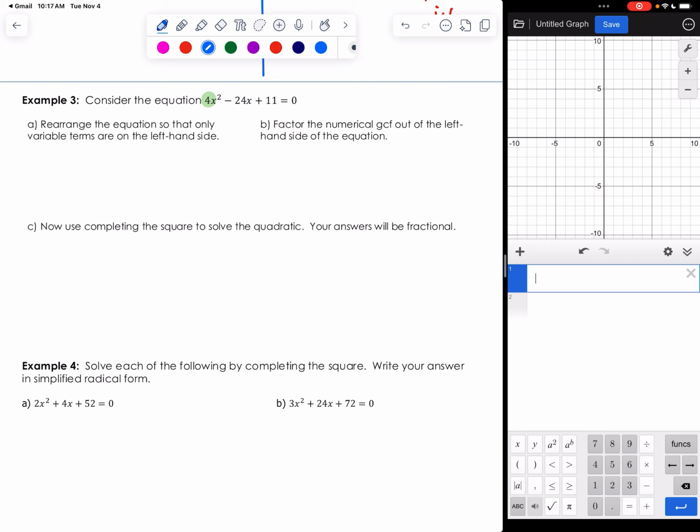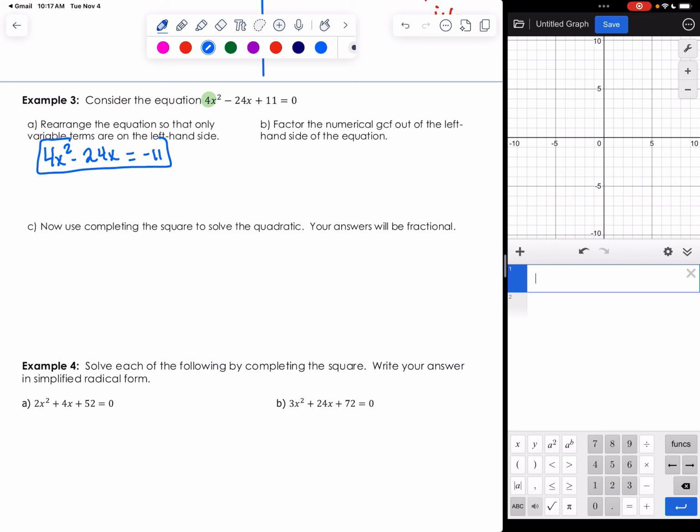Well, the first thing you want to do in part A, if you're trying to solve this equation by completing the square, is rearrange it so that only variable terms are on the left-hand side. So when I do that, that would give me 4x squared minus 24x, and that's going to equal, I want to subtract 11 from both sides, so that would equal negative 11, okay?